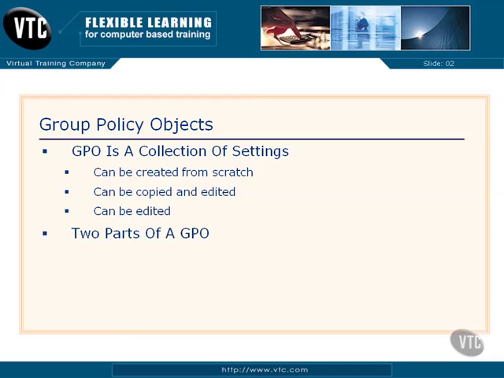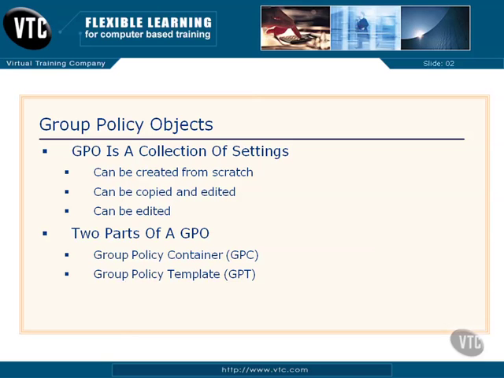Now, there are two parts of a GPO, or group policy object. I'm just going to mention these because they can become problematic. There is the group policy container, and then there is the group policy template. Both of these together create what we know as a group policy object.